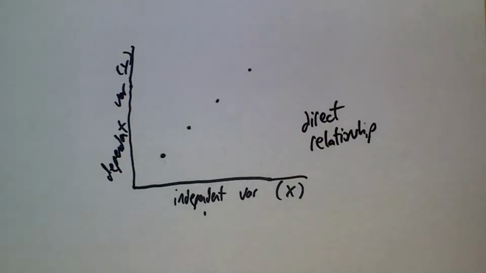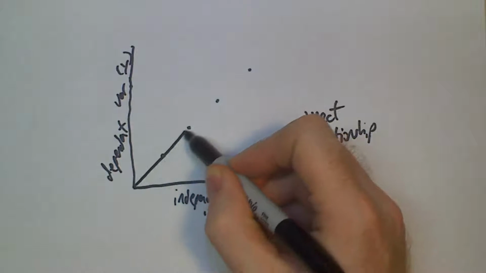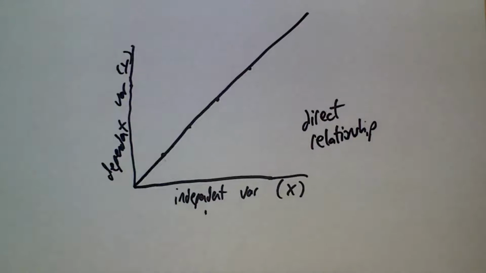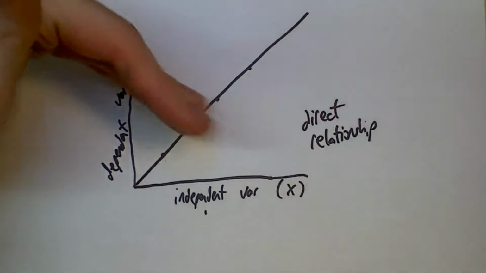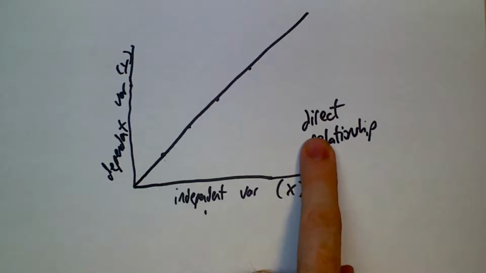The key thing I want you to be able to recognize is that for a direct relationship, the graph ends up looking like a straight line. If we connect these dots, we get a straight line graph. You could also have a straight line graph with negative slope as well, but the key thing is the shape of the line is straight. That's called a direct relationship.